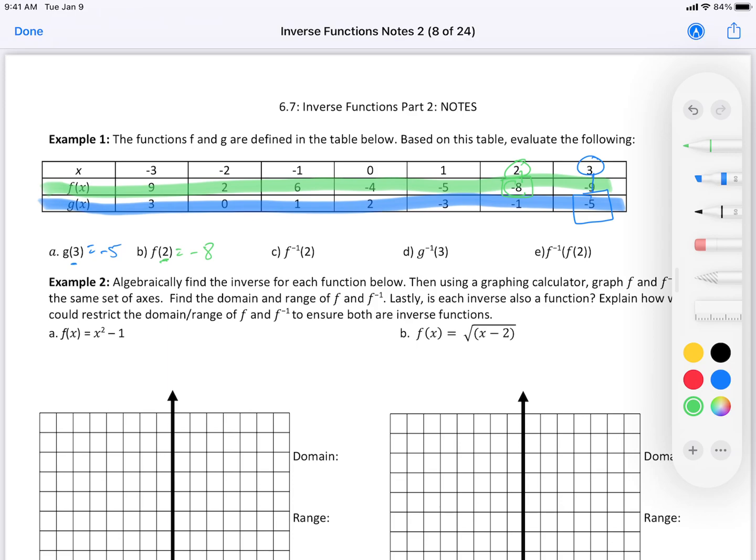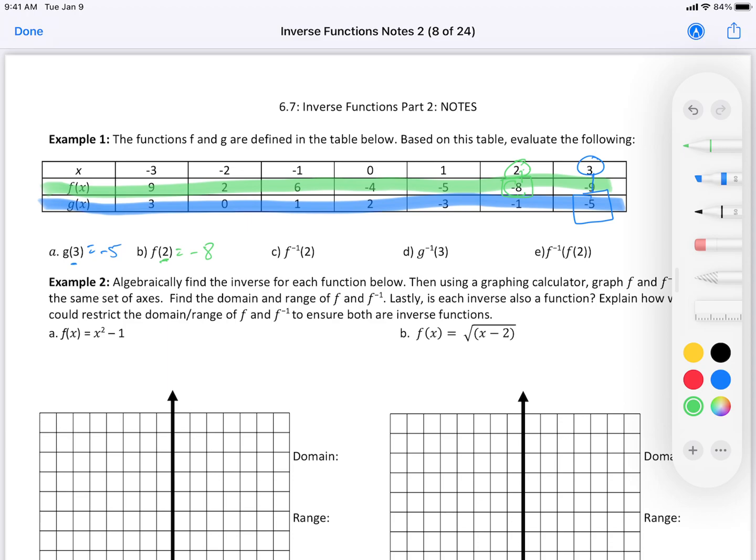Now when we get to part C, it looks a little more complicated because it's asking for the inverse of f at 2. You're probably thinking it's the same thing: my input is 2 and it's -8. But remember, in order for it to be the inverse, what happens with my x's and y's? They flip.